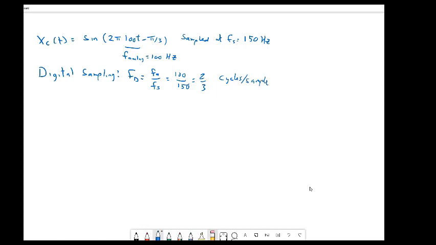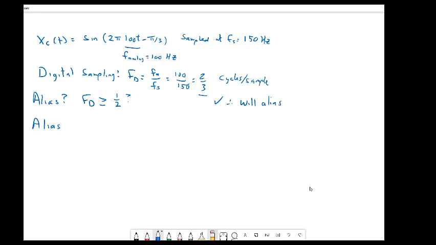Okay, now if we needed to determine whether this is going to alias or not, when we did this in the continuous domain, we compared the analog frequency to half the sampling rate, which we call the Nyquist frequency. In the discrete time domain, what we're going to look at is that digital frequency greater than or equal to the digital equivalent of the Nyquist frequency, which is simply 1/2. Fs over 2 normalized by Fs would just give us 1/2. And so if we ask that question, in this case, yes, 2/3 is greater than 1/2, so therefore it will alias.